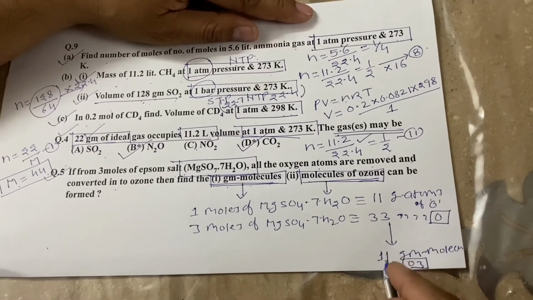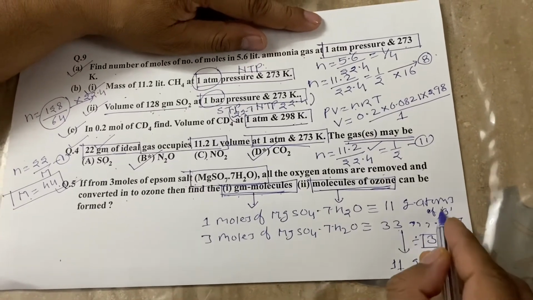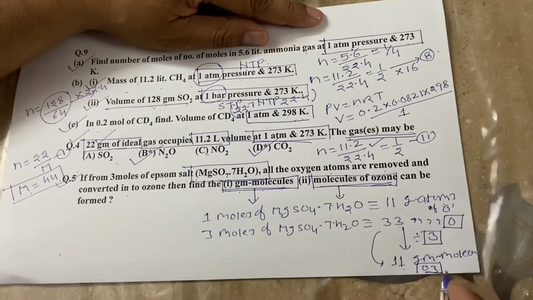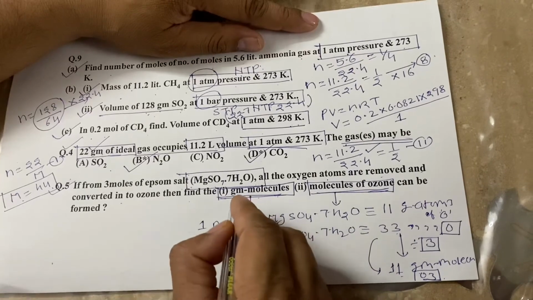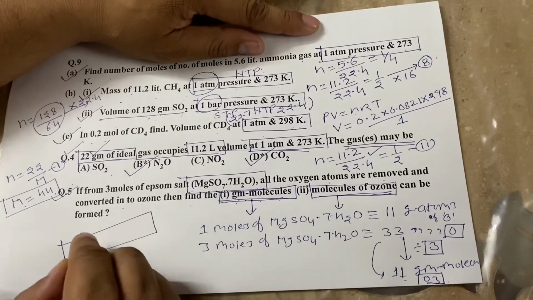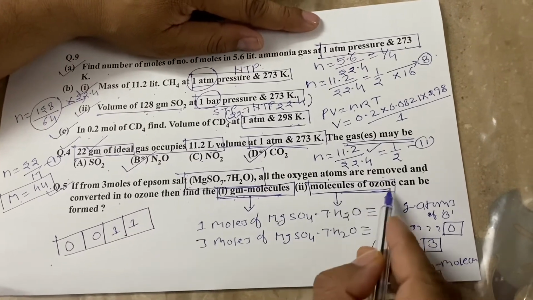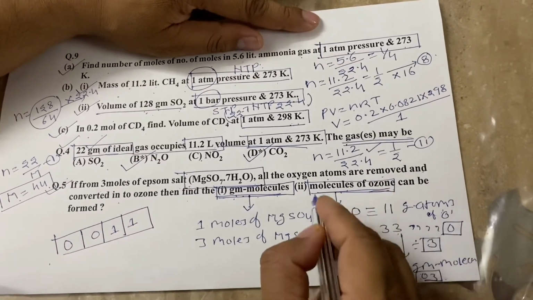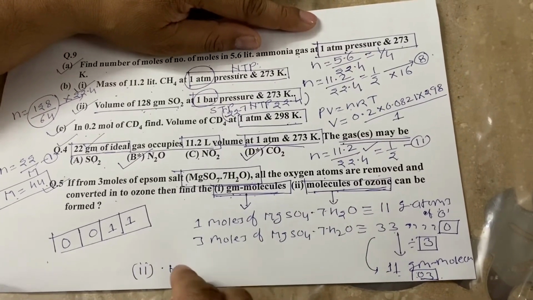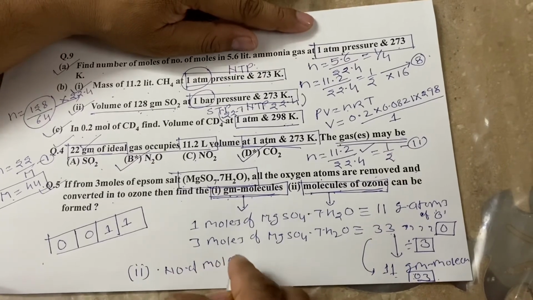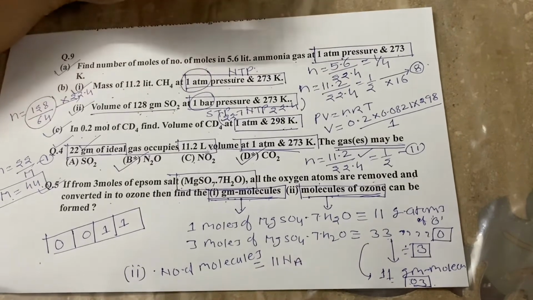Because one molecule of ozone contains 3 atoms of oxygen, so 33 gram atoms will be converted into 11 gram molecules of ozone. So for integer type questions, for the first part, the answer we can write as 0011. And now to calculate the molecules of ozone, we can multiply this by Avogadro's number. So for part 2, the number of molecules will be equal to 11 NA. Thank you very much.